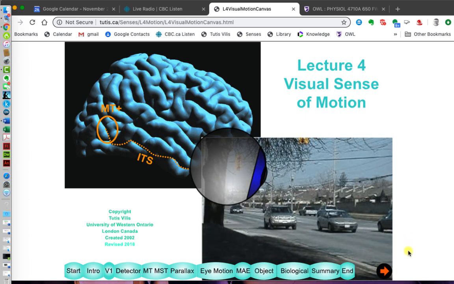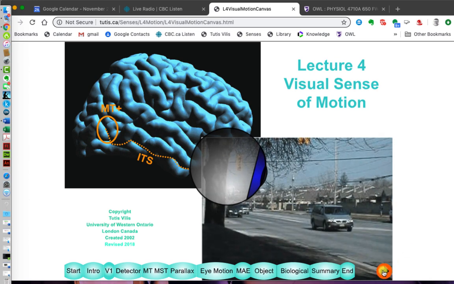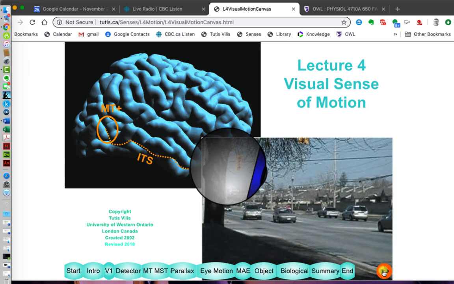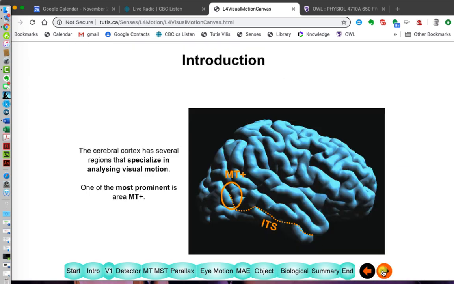You can see here, cars are moving back and forth on the opposite lane in one direction, on a close lane to the right. That type of motion is analyzed by this structure here called MT plus, and it's the most prominent of your visual areas. There's still a few more, but this is the biggest one.